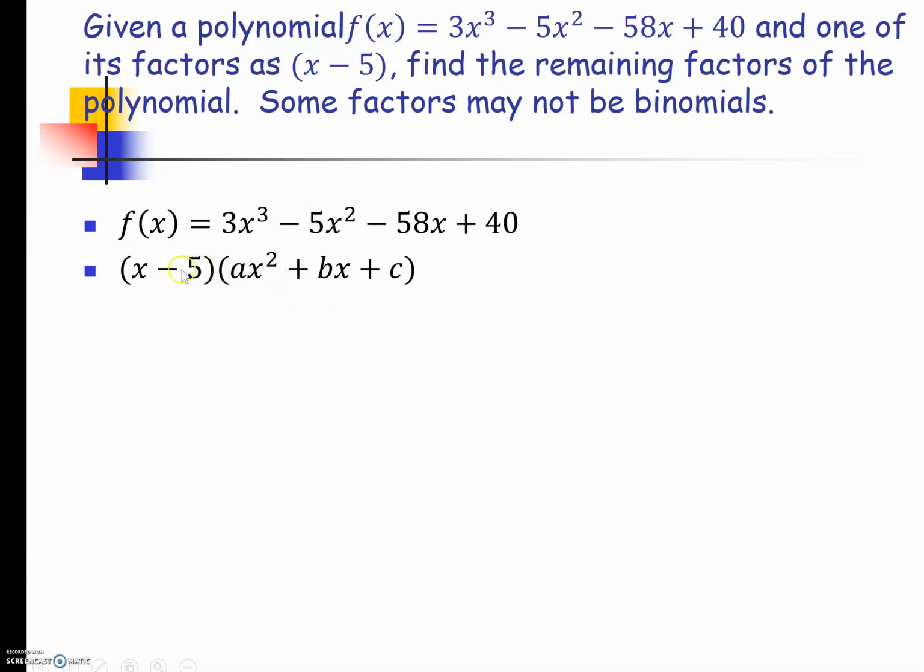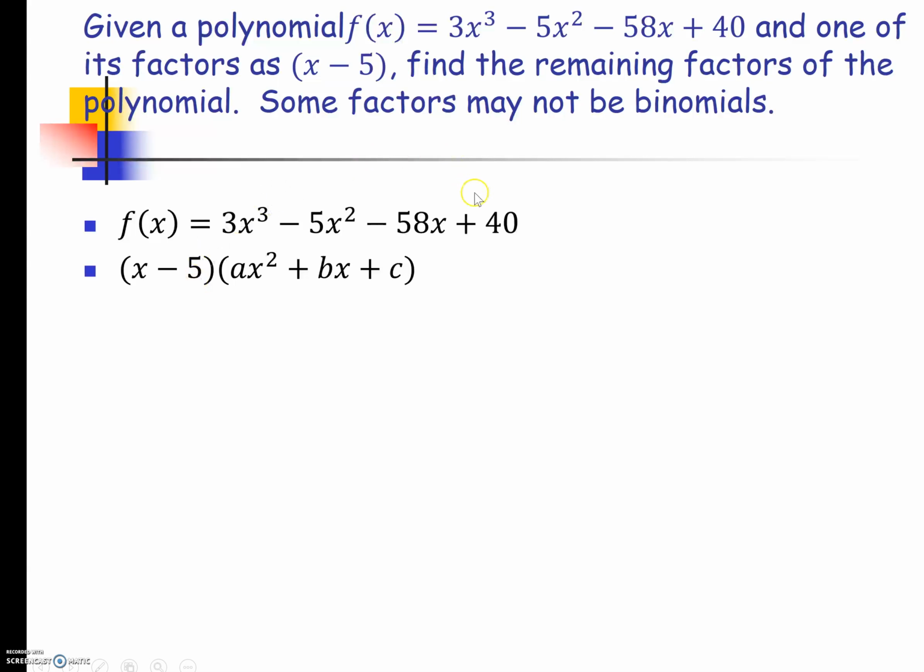When you multiply x minus 5 with the quadratic equation, you will end up getting a cubic equation. So in order to find the values of a and c, you have to look back at the equation. Let's see, the constant is 40, and we have one of the factors as x minus 5.